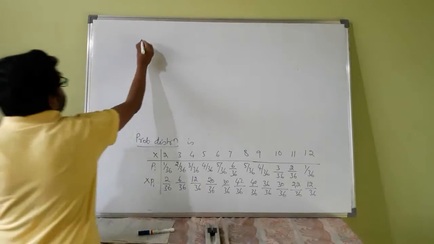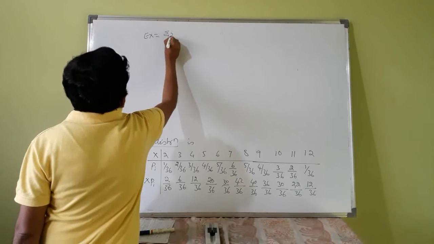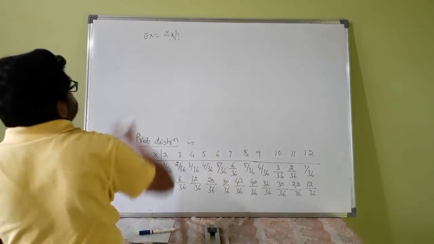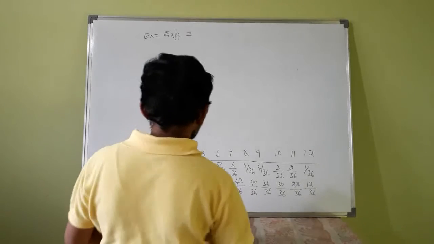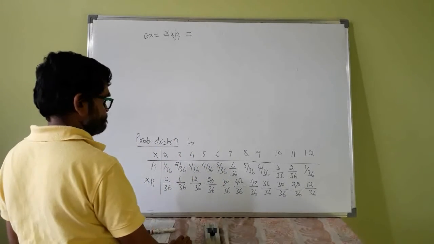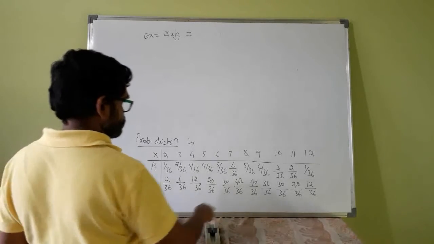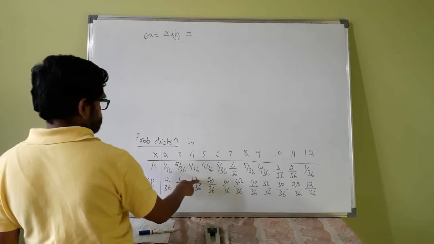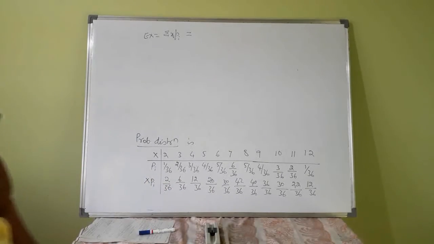Okay, expectation of x is summation of x pi or xi pi or x px. This is equal to the sum of all this. That means, see here, 2, 6, 12, 30, 20, sum that.